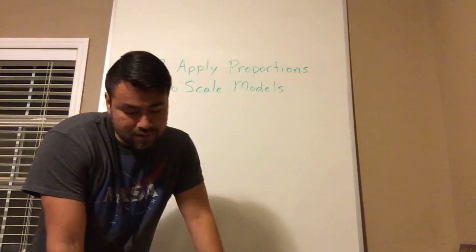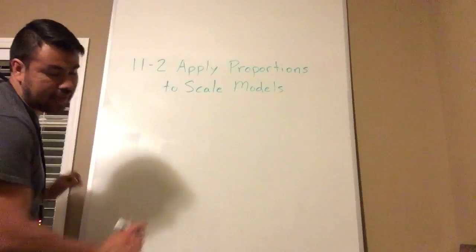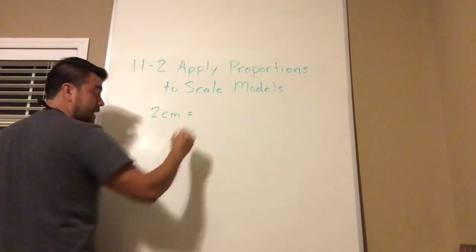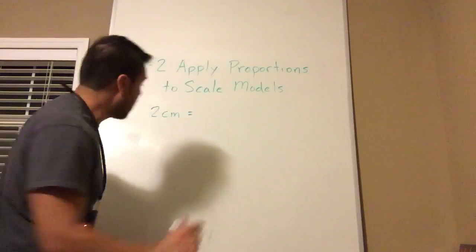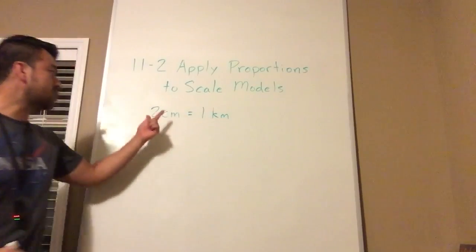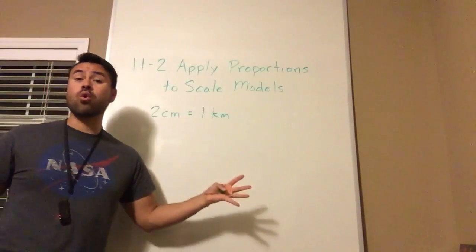So the first problem I'll give to you is if I have a scale, and they're going to give you this scale, 2 centimeters is equal to 1 kilometer. So this is dealing with a map. So for every 2 centimeters on that map, a little distance, it's really representing a whole kilometer.